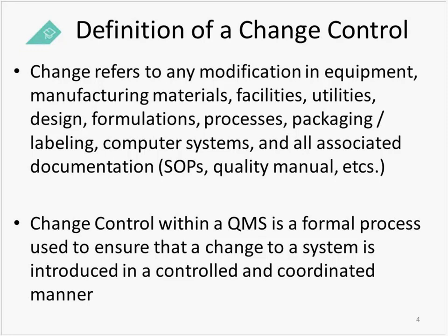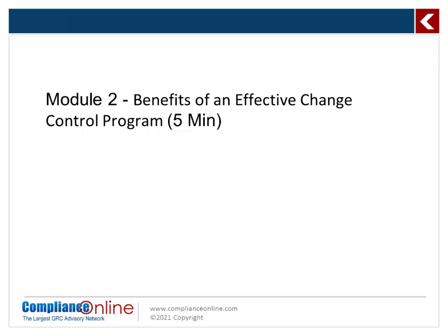A change refers to any modification in equipment, manufacturing materials, facilities, utilities, design, formulations, processes, packaging, labeling, computer systems, and all associated documentation. So SOPs have to go through change control, quality manual, forms, all of that are subject to change control.